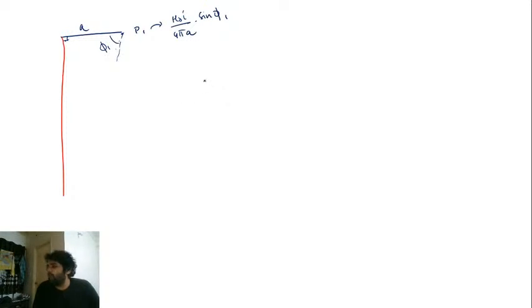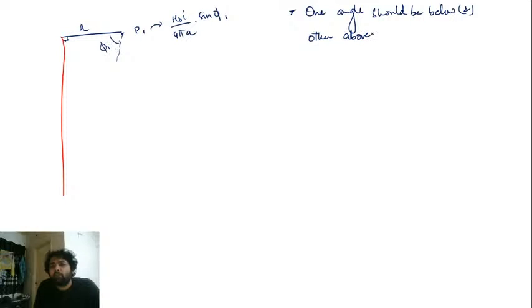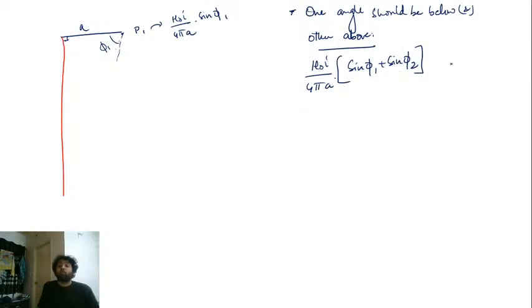One should be below, one should be above. One thing you have to understand is one angle should be below and other above. Then only you can use this formula, mu naught I by 4 pi a into sin phi 1 plus sin phi 2. ये जो भी जितनी भी बार लिख रहा हूँ, this is very important because I want you to remember it.